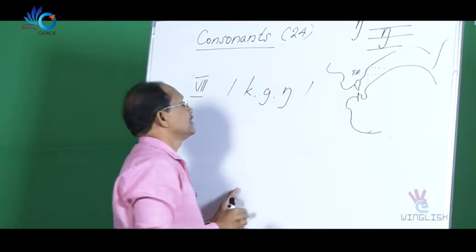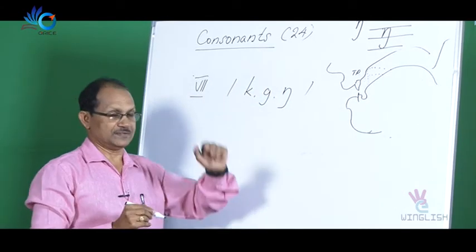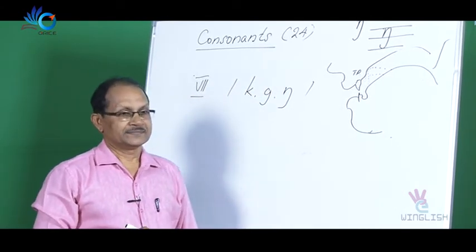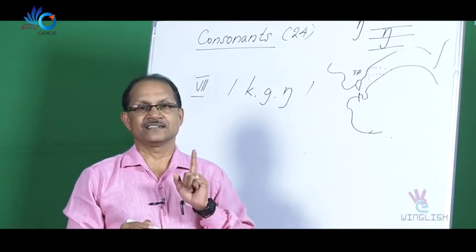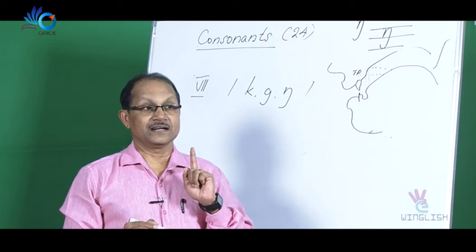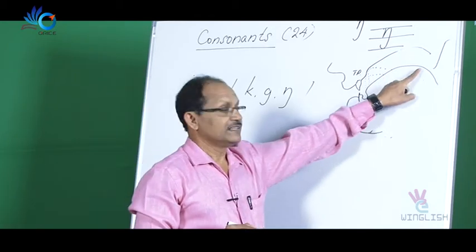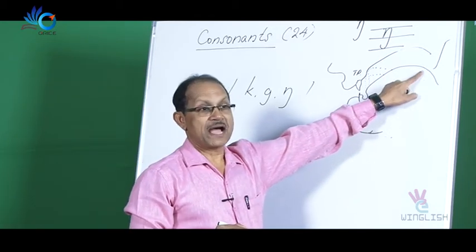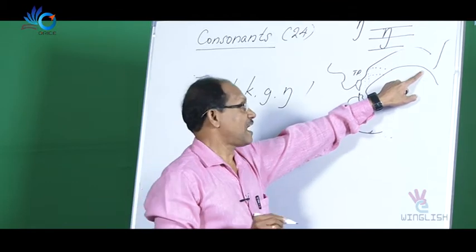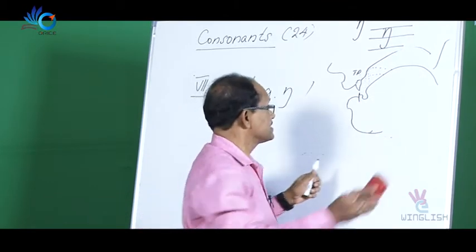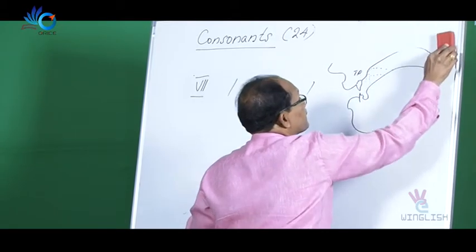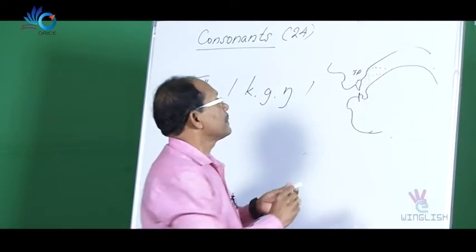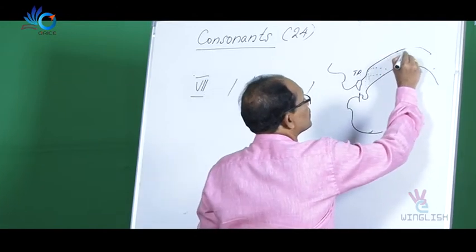This is how. So, k, g, ng. Again the articulators, k: this part of the tongue, the back part of the tongue, moves towards the soft palate.